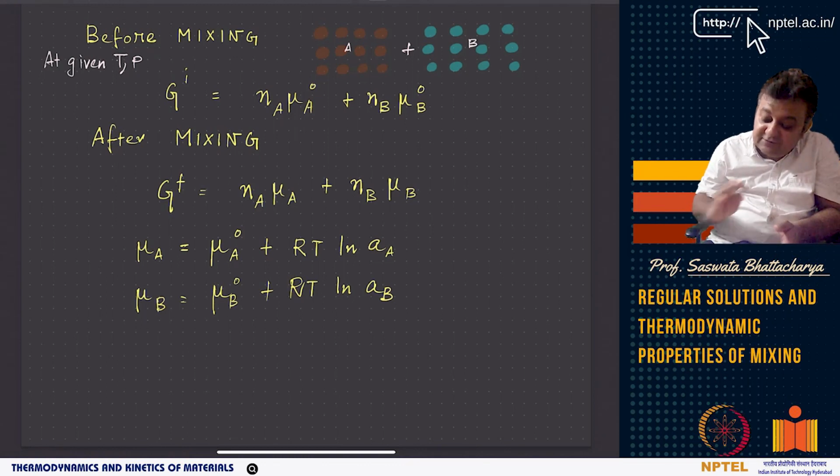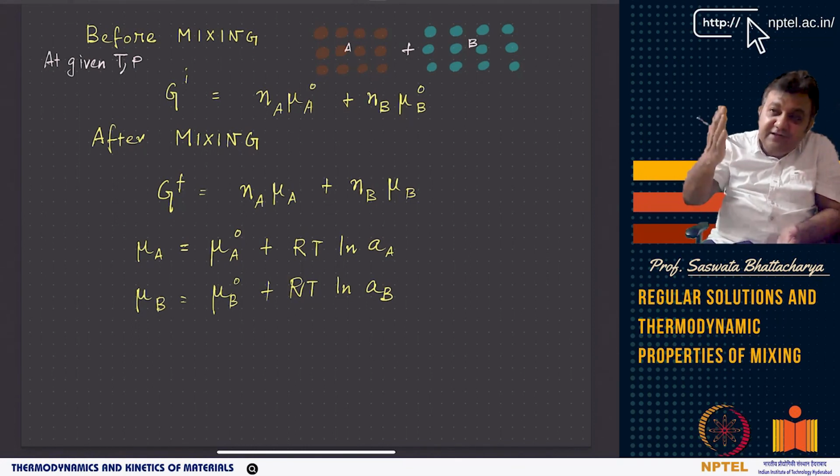We still have the block of A atoms and the block of B atoms. We haven't mixed them; we have just brought them together. Imagine a block of A atoms and a block of B atoms put together to form two subsystems, subdivided by a partition that is not yet removed, so we are not allowing A and B to mix.